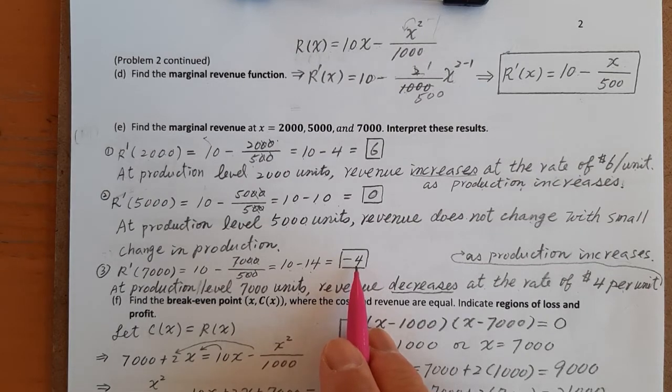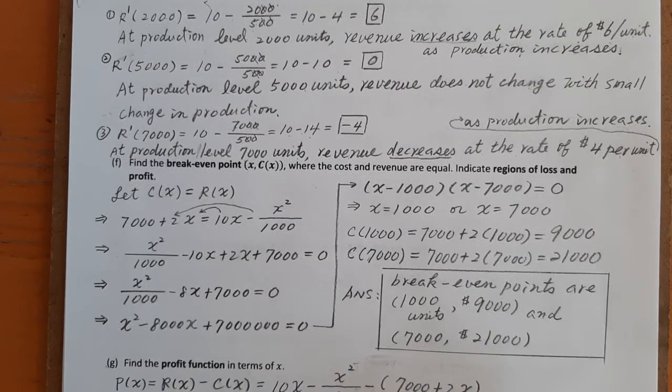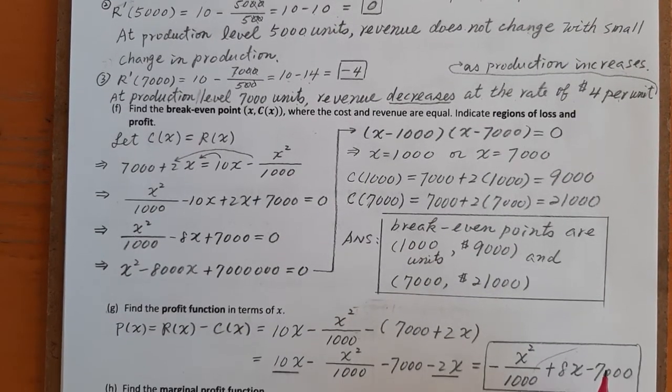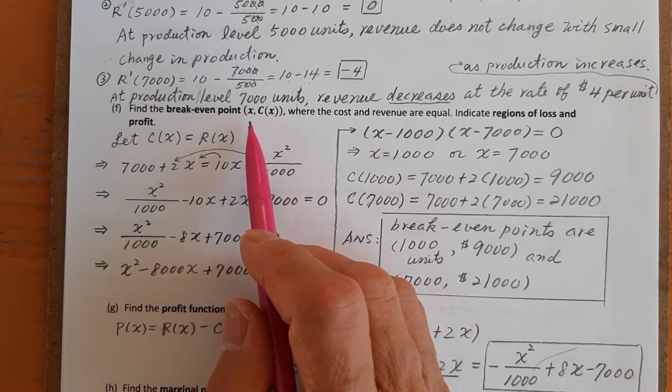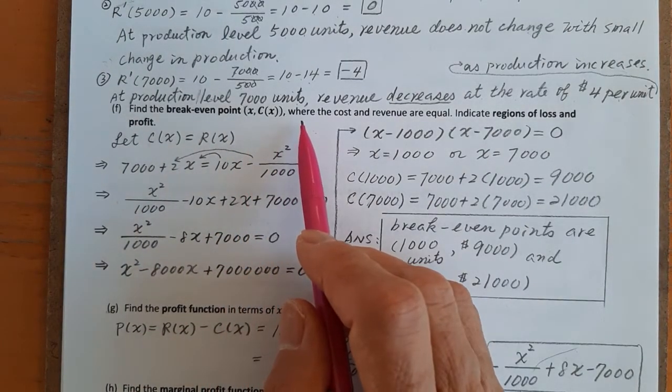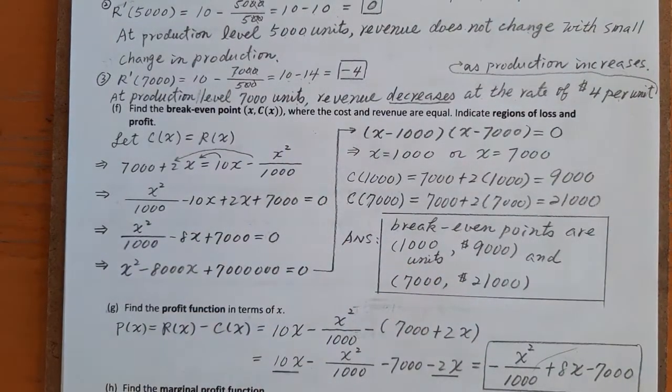The next one is F. Find the break-even point. Break-even point is when your cost and your revenue are equal.